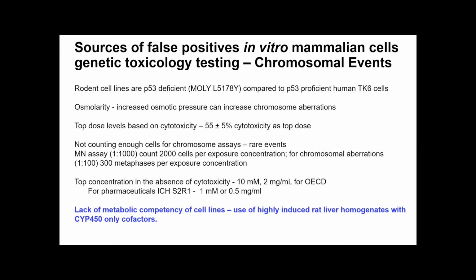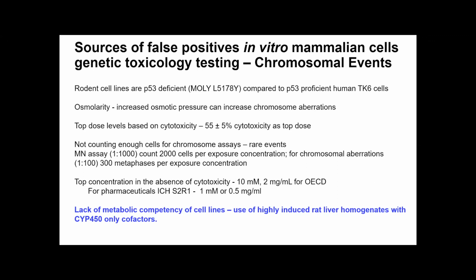When I was a postdoc, I worked for a guy from MIT, and he's on the patent for the cell line, or was on the patent. It expired many years ago. So I've been working with TK6 cells since 1986 or so, and I'm very familiar with them and how they work. That's one reason I was asked to be on the OECD expert working group, because TK6 cells were being put into some of the OECD test guidelines.